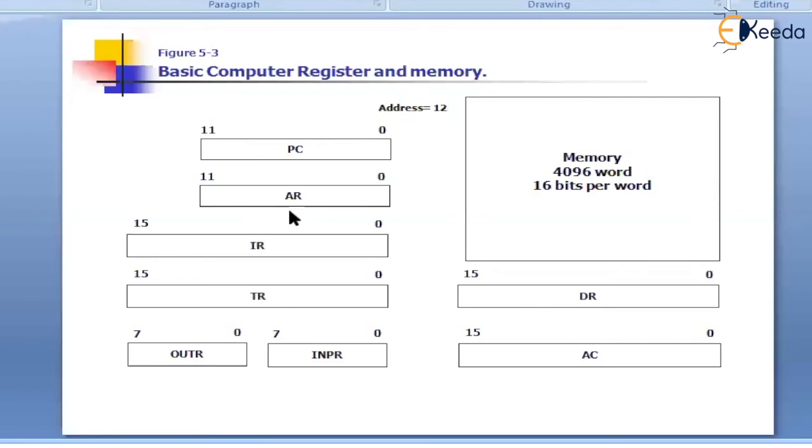What is address register? Try to understand. When the CPU wants to access the data in the main memory, an address reference should be sent to the main memory. For example, the CPU wants to access the data which is in the 45th location. Okay, I will write it here.